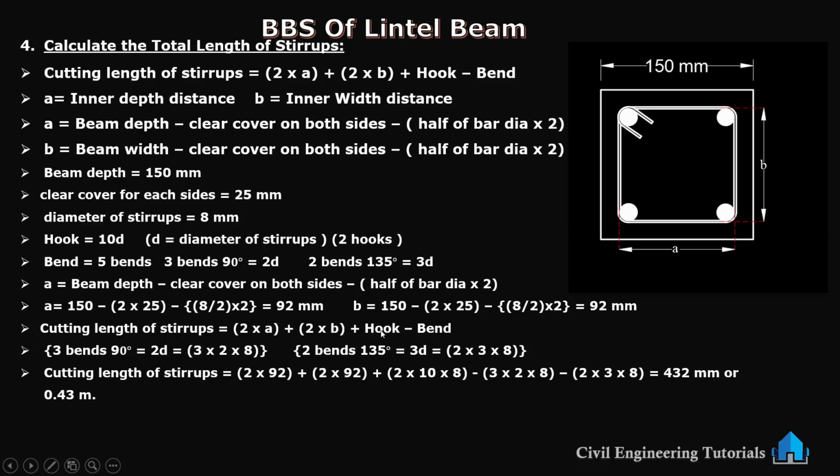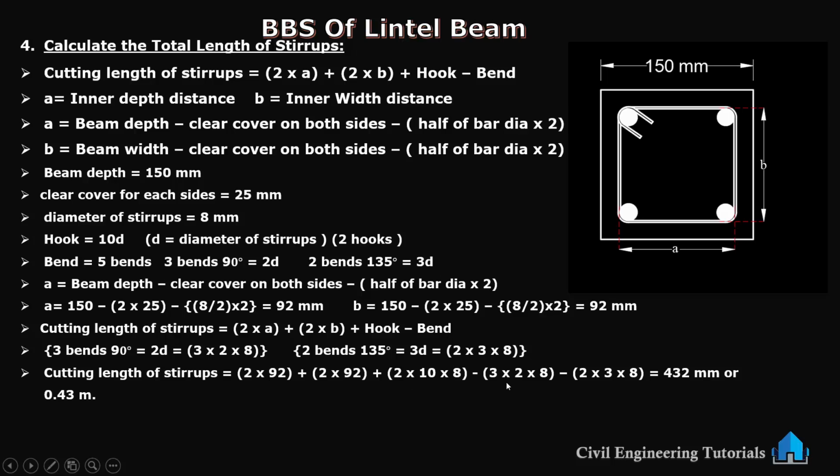So 2 numbers of hook, so 2 into 10 into D. Hook is 10D, so 2 numbers of hooks, 2 into 10D, D is 8, stirrup dia 8, 2 into 10 into 8, minus bend.